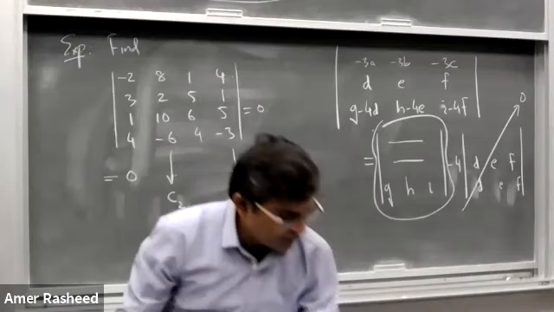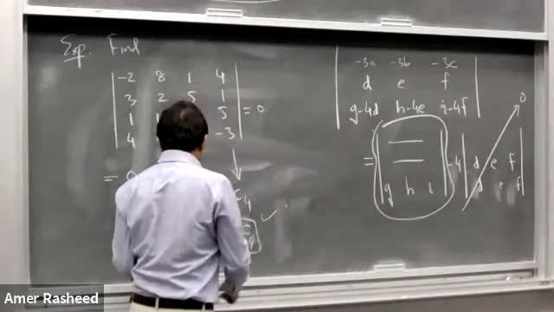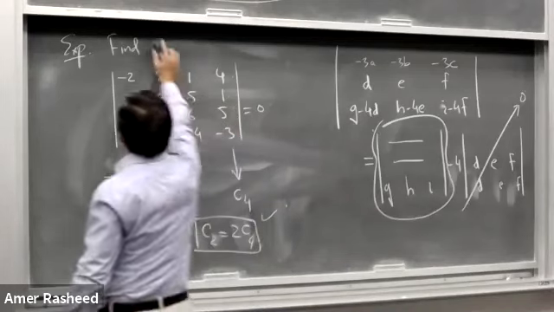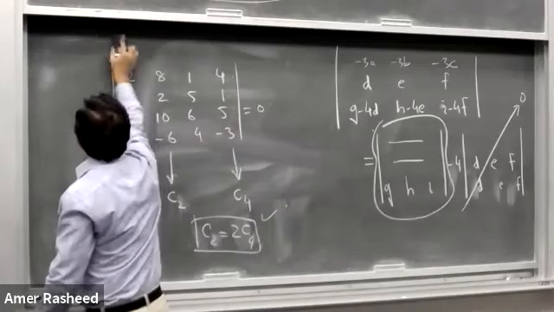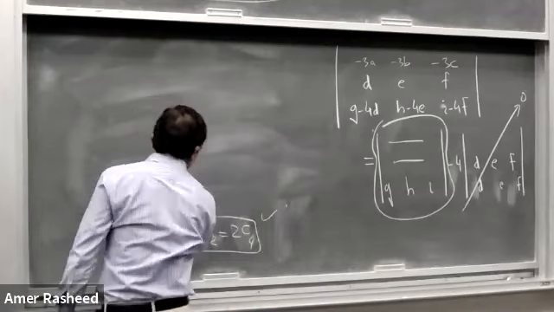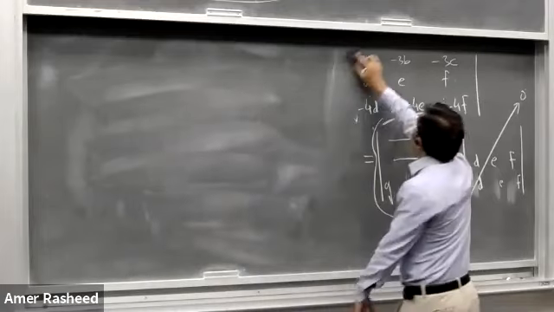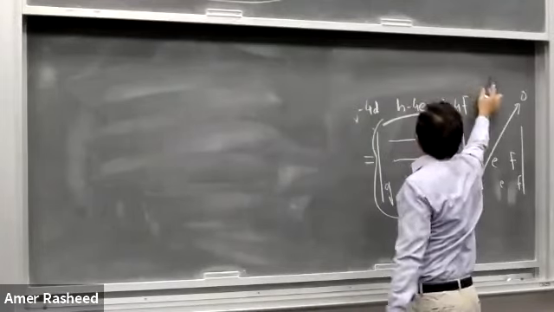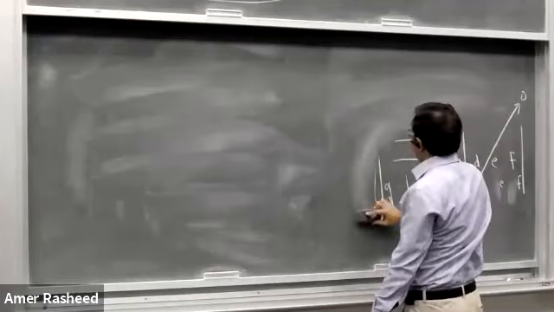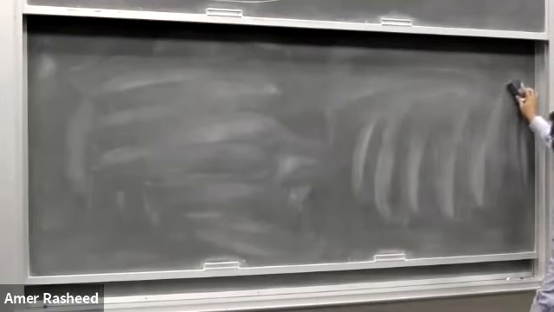No? If you don't have any question, let's move to the next thing which we need to discuss. These were the properties of determinants. There are some other properties which we need to discuss about inverse of a matrix and transpose of a matrix, about the symmetric matrices.